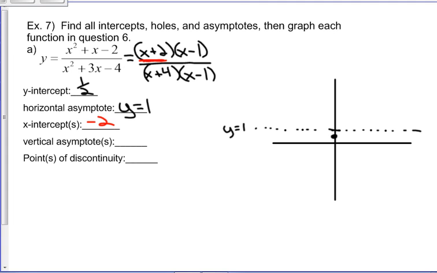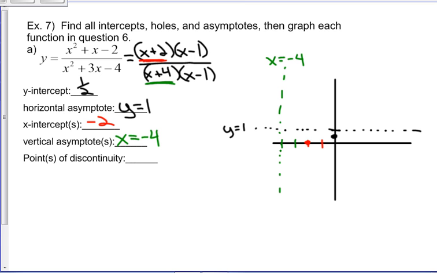So while we're at it, why don't we put that point on the graph. Vertical asymptotes are factors of the bottom only. So that's going to be x equals -4. A little bit off there. So there's x equals -4.